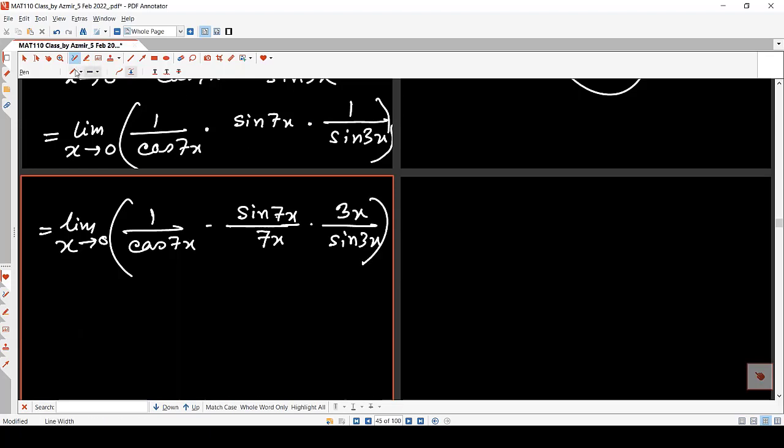So you can see that x and x can be cancelled, so it is okay now. But at the same time, we have given some extra things, 7. So 7 is given here. Now 7 and 7 can be cancelled. Similarly, here we have used 3, so 3 is written below. So 3 and 3 can be cancelled. That means this term and the previous term are now similar. You can check.